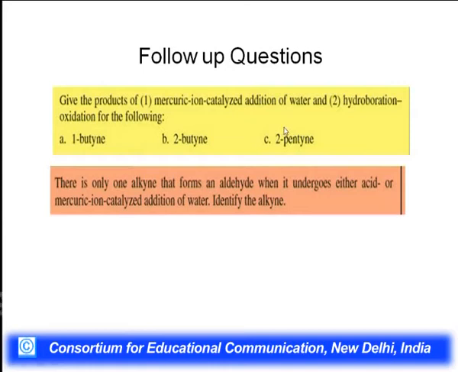The next thing that is very often asked is: which is the only alkyne that, on acid hydrolysis or mercuric ion catalyzed hydrolysis, that is addition of water, gives us an aldehyde?